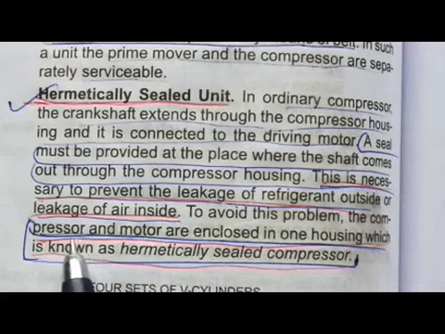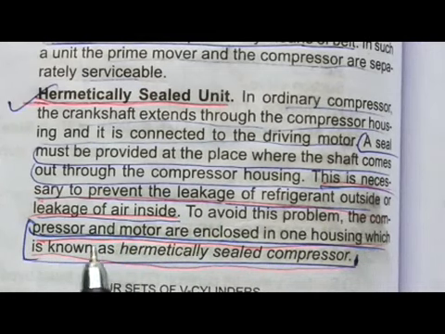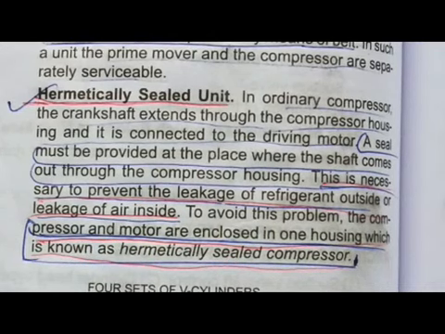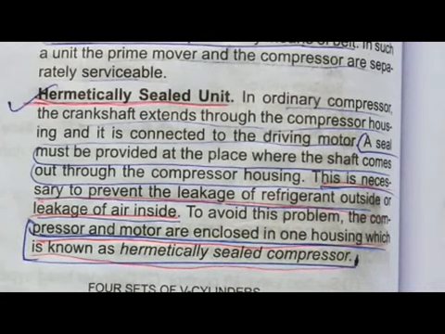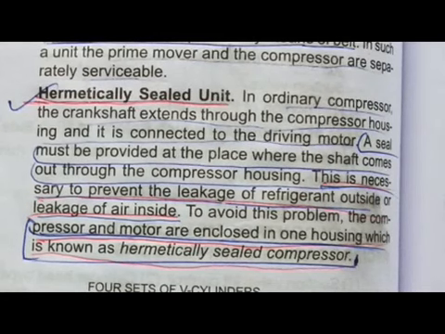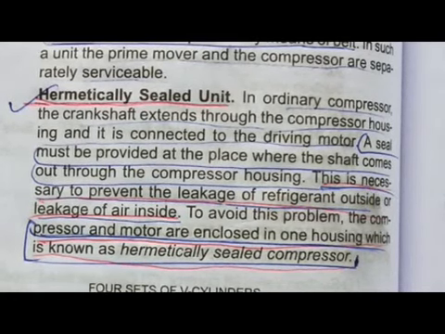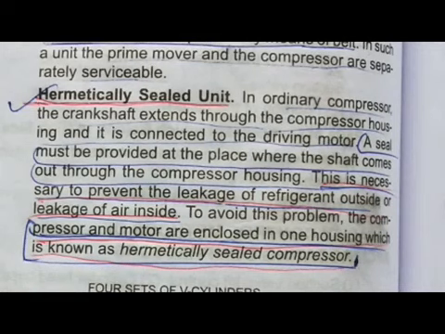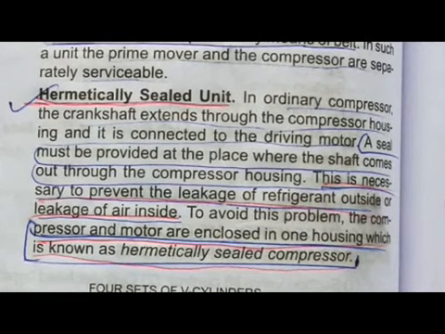To avoid this problem, the compressor and motor are enclosed in one housing, known as a hermetically sealed compressor. This is the motor and these are the pistons, and they are sealed together in one single system. The motor is not separated from the compressor.